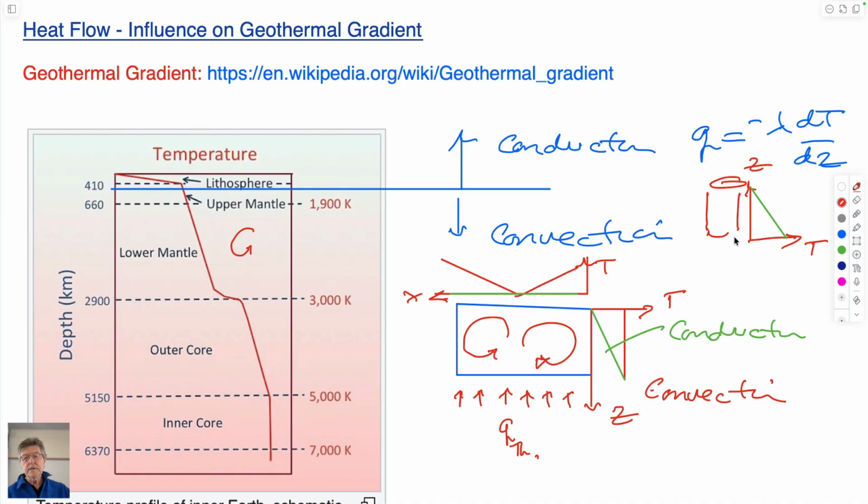If we're talking about heat conduction, that follows Fourier's law. This is the heat flow, which is in watts per meter squared, joules per Newton meters per second, or joules per second per meter squared.